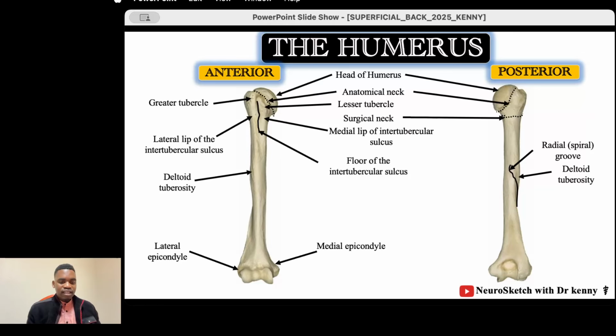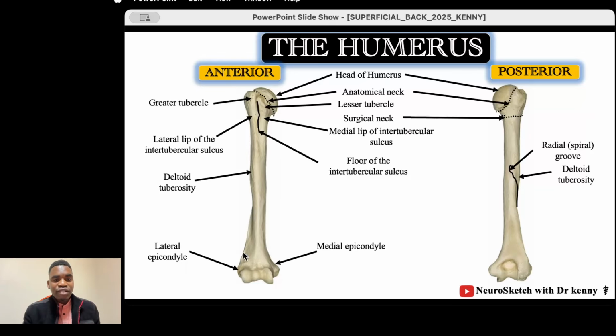When I discussed the distal part of the femur, we saw these condyles. Epi means above, so the epicondyle is the elevation above the condyle-like elevation here. So this is the medial epicondyle and this is the lateral epicondyle.